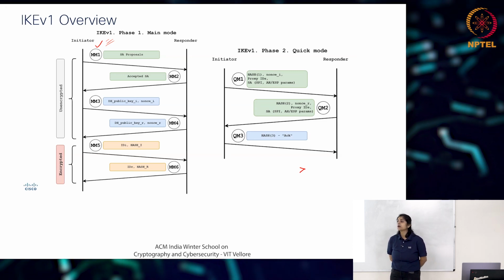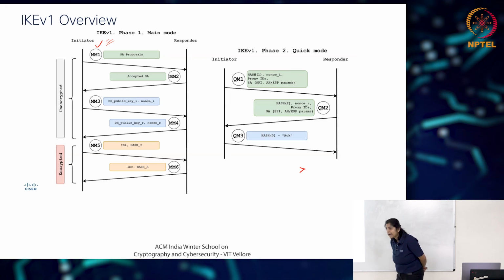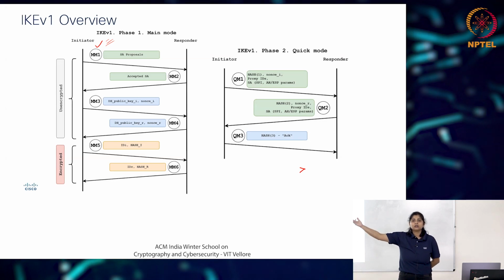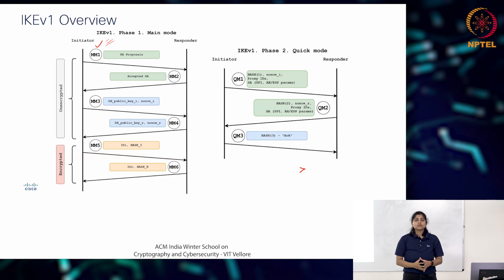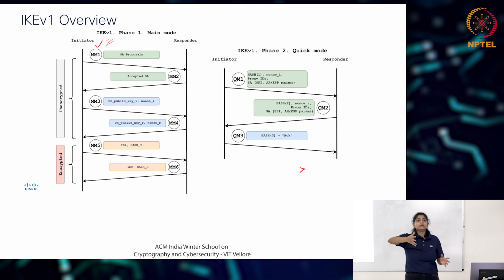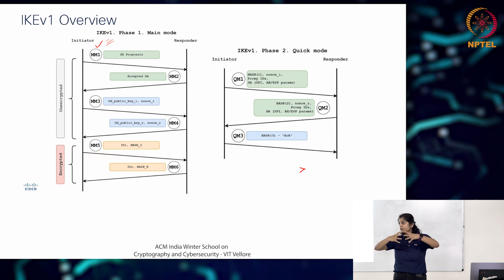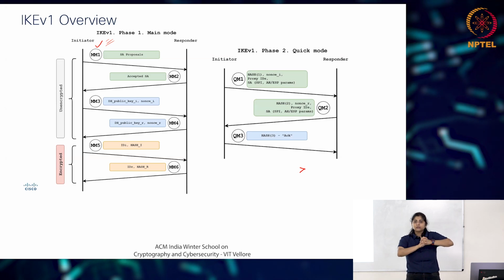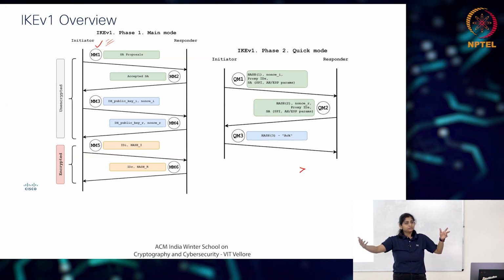No. That is why the responder SPI is 0. It could happen that the initiator sent a request to the responder and didn't get the packets. Since both configurations are open and the ports are open, they're trying to send packets to each other. It can happen that they fail at the first packet itself.